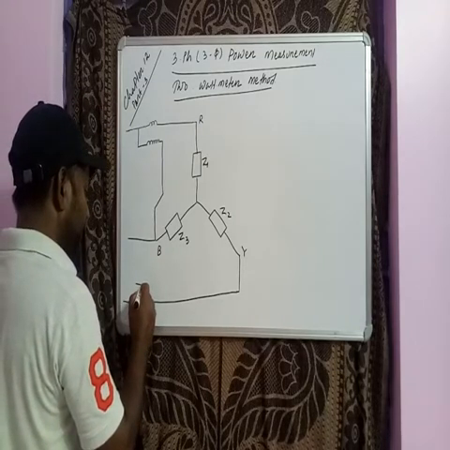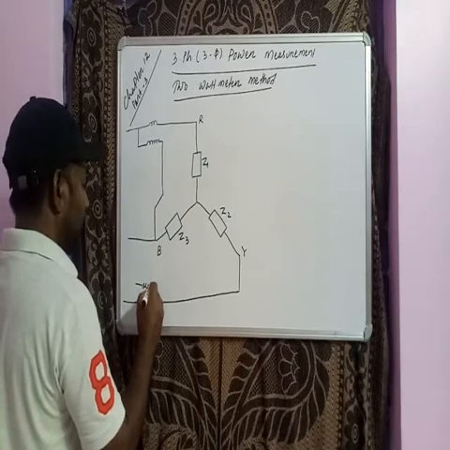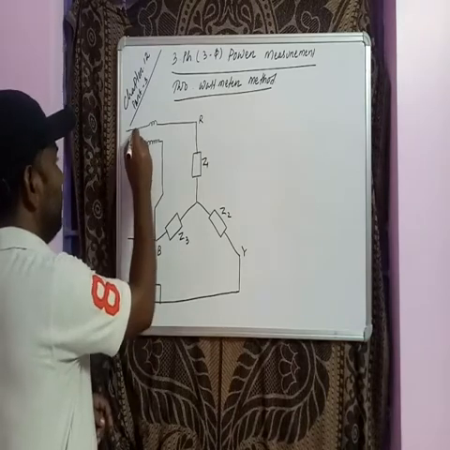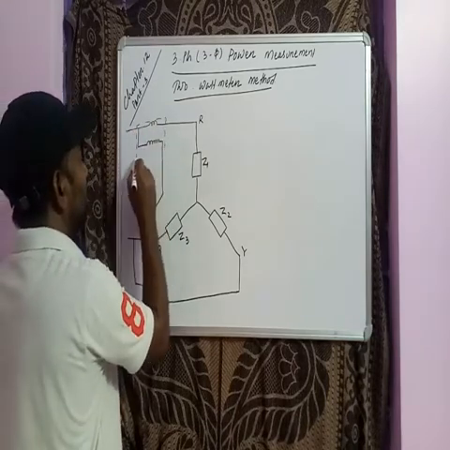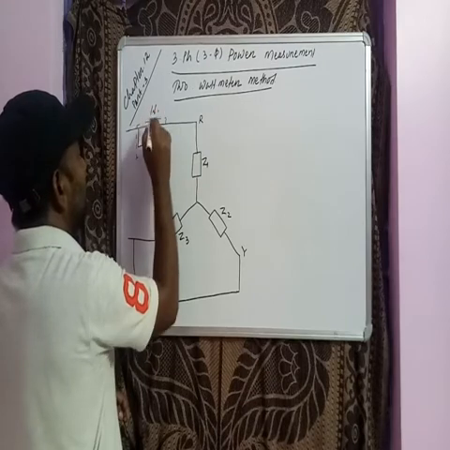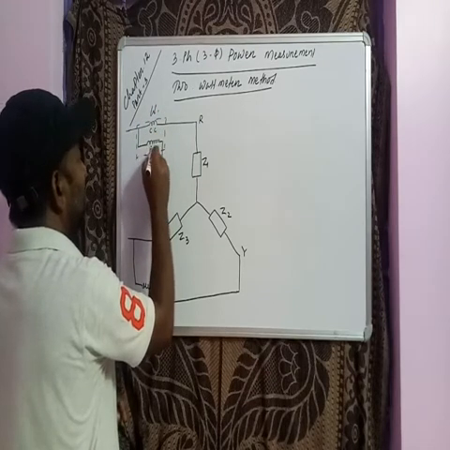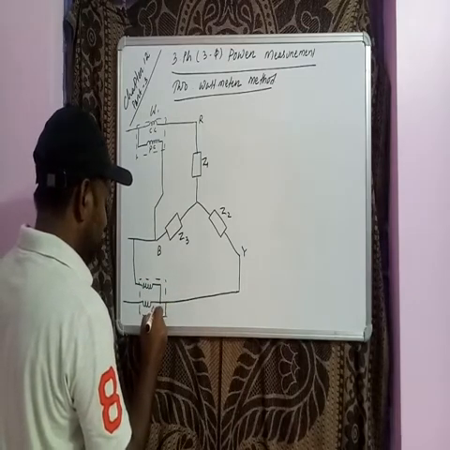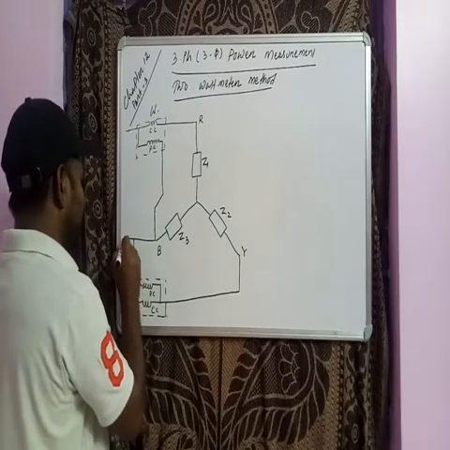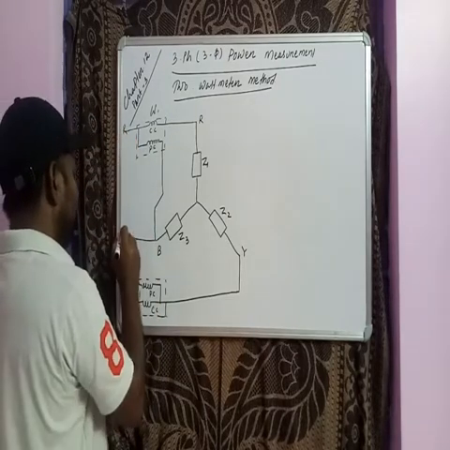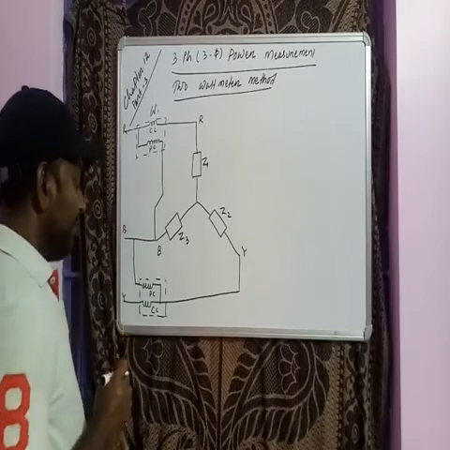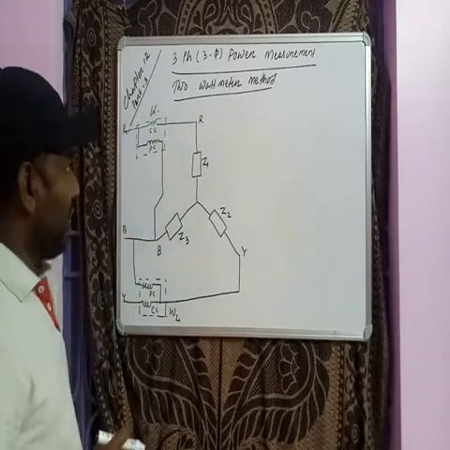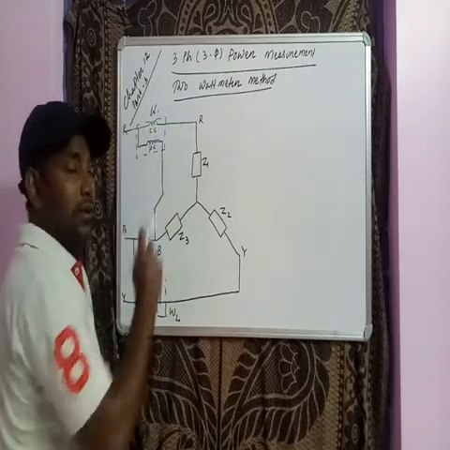Similarly, the potential coil of second wattmeter. This is wattmeter 1, W1, the current coil, potential coil. This is current coil, potential coil. So this is our R, B, Y. You can see the current coil of wattmeter 1 is connected with R line.